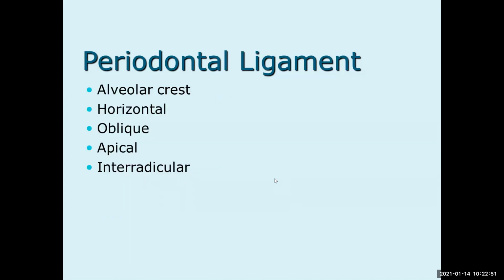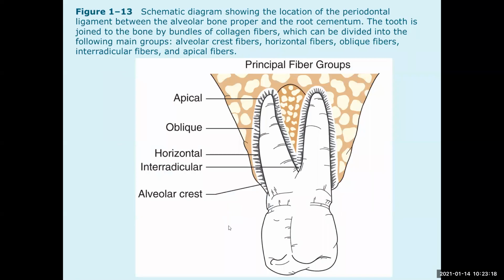You have alveolar crest fibers, horizontal, oblique, apical, and interradicular. Apical, alveolar crest, interradicular, between the roots. Horizontal, it's the shape of them, going straight across, oblique, going at an angle.